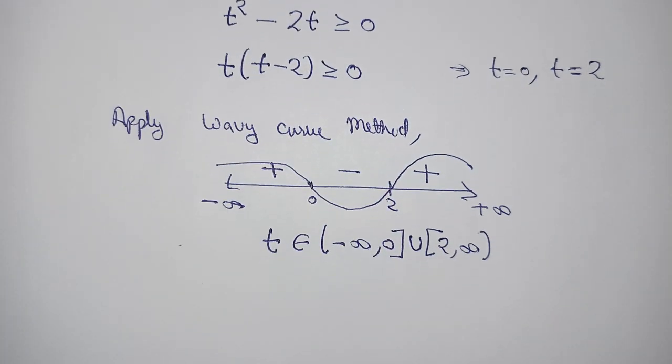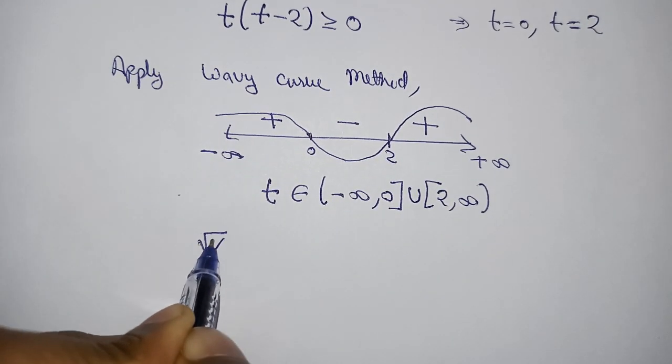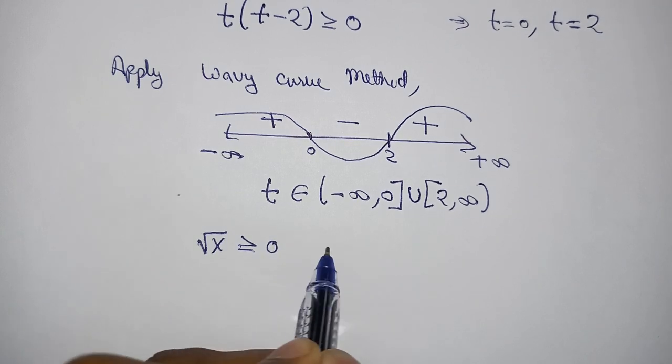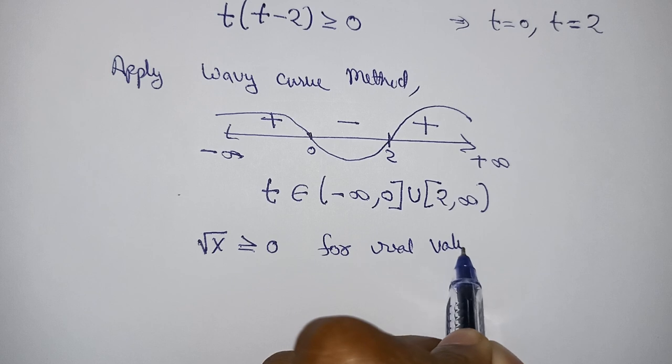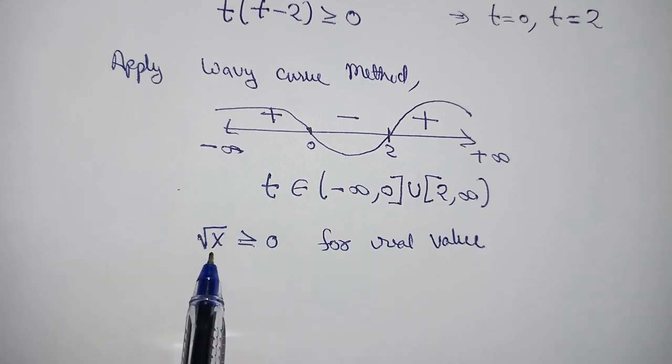One thing that we know is that square root x will always be greater than or equal to 0 for a real value. Otherwise it will give only a complex value. Suppose square root x is less than 0, that means x must be an imaginary value.